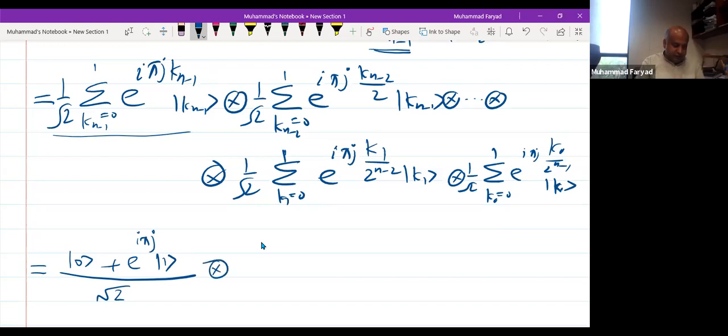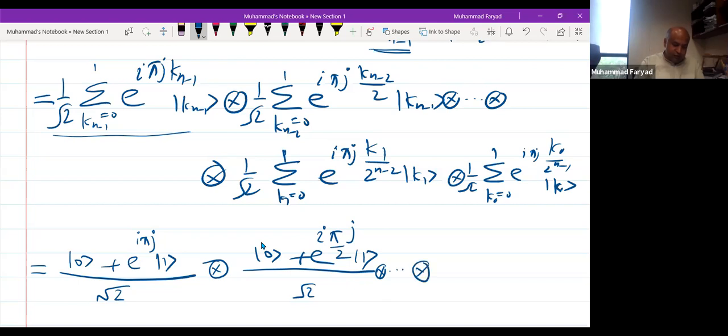In the next term, the first term is 0 because when kn minus 2 is 0, exponential 0 is 1. So 0 plus exponential iota pi j. When this kn minus 2 is 1, this is half. So let's put this pi by 2 into 1 square.